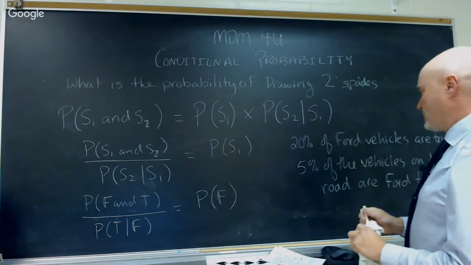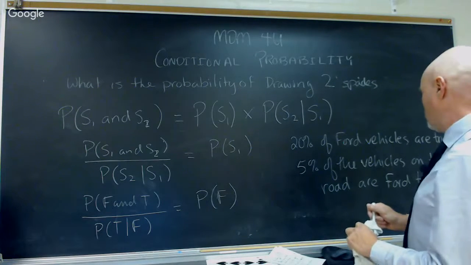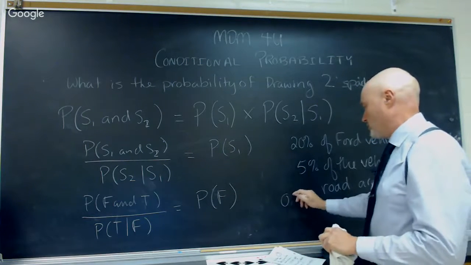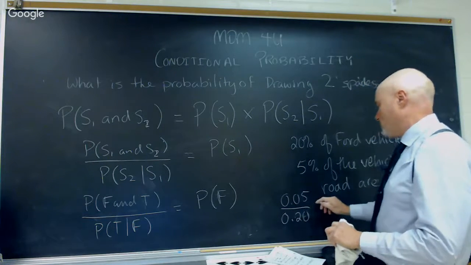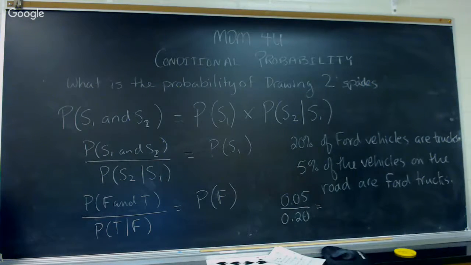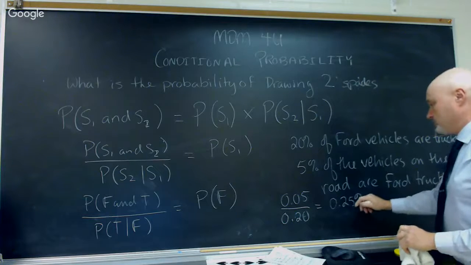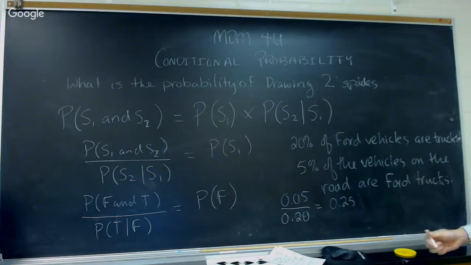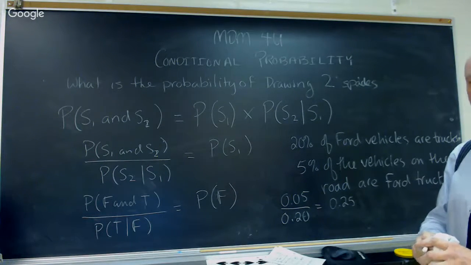So in other words, this can be rewritten as 0.05 divided by 0.20 is equal to 0.25. Sorry, 0.25. So in other words, 25% of the vehicles on the road are Fords.